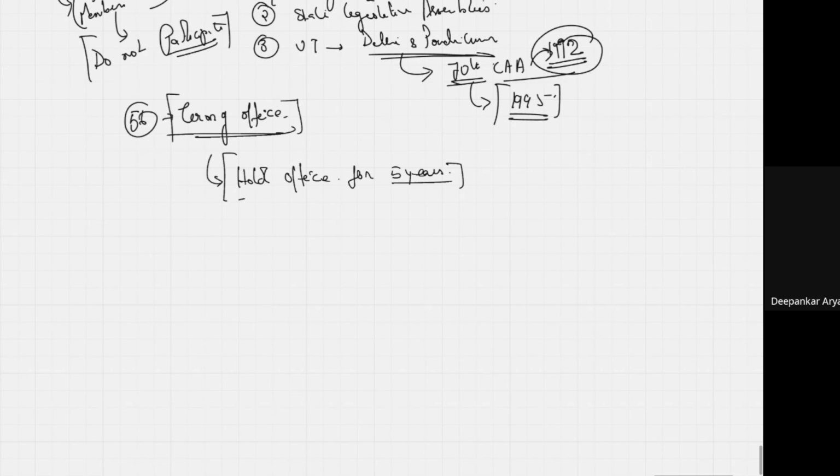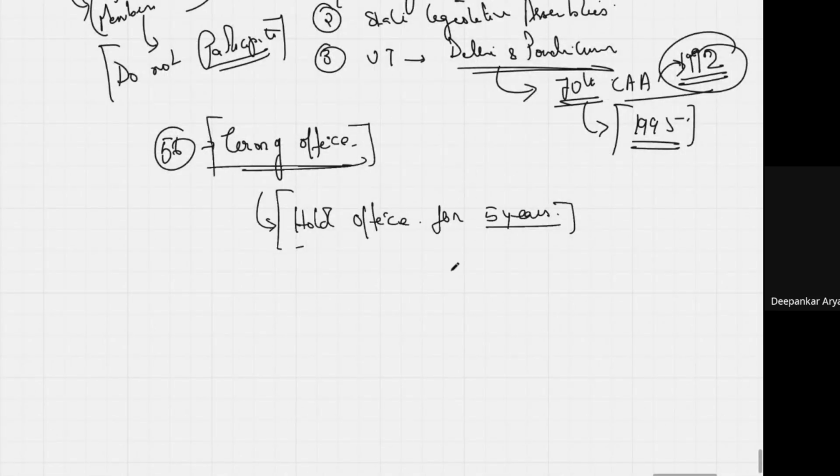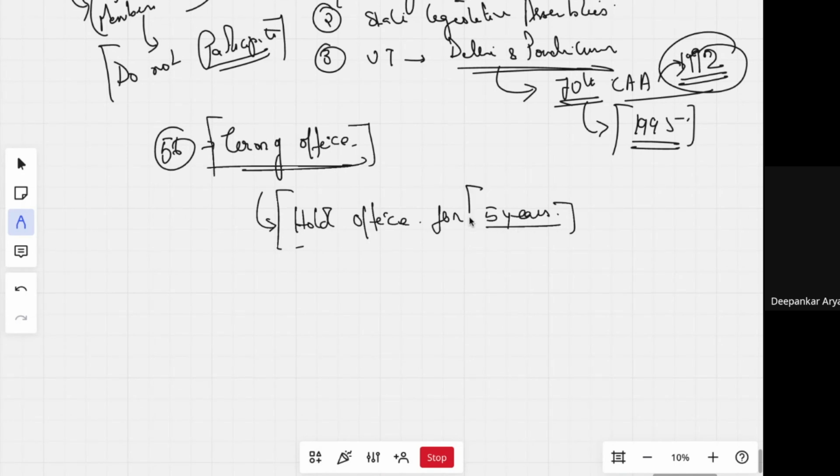You hold the office for 5 years, and this 5 years is calculated from the date he or she enters the office, not from the date of declaration of the result.